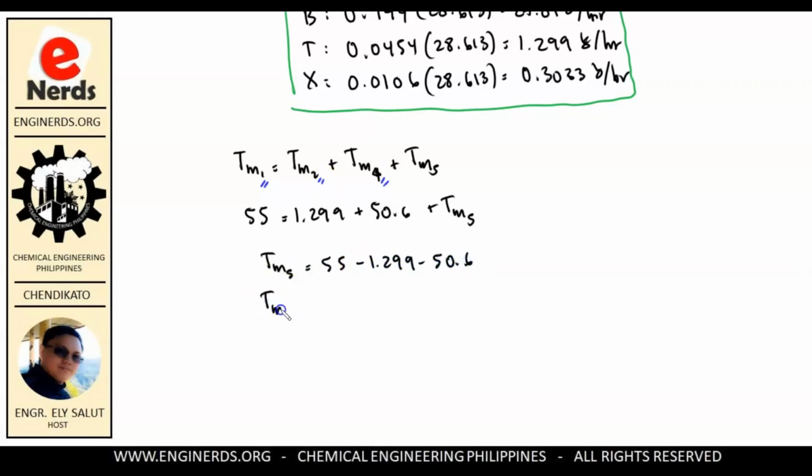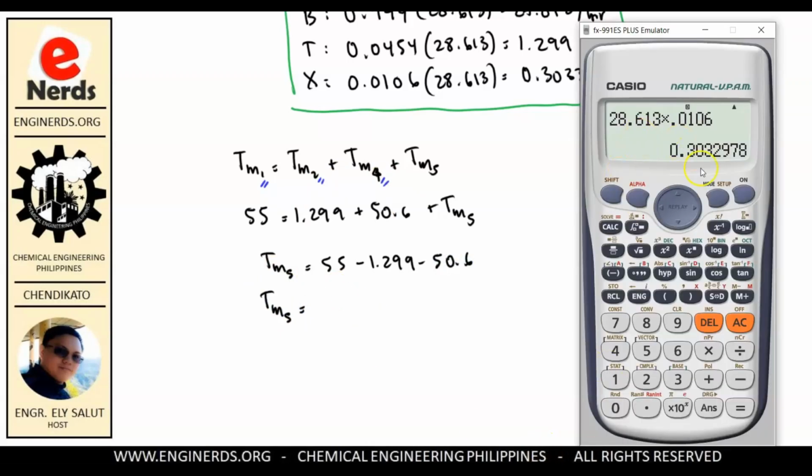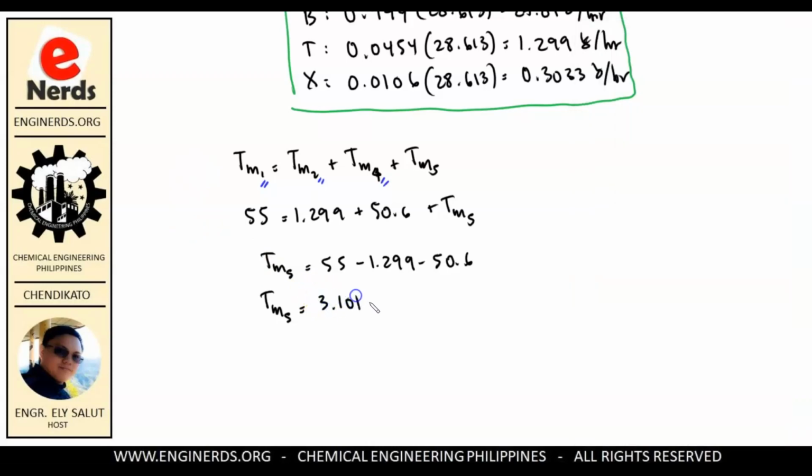So, our toluene in M5 is equal to, we have 55 minus 1.299 minus 50.6. Okay, so this is equal to 3.101 kilogram per hour.